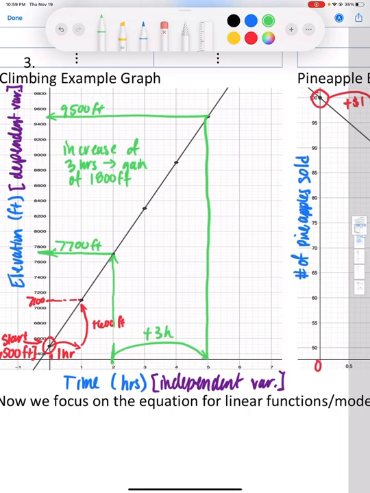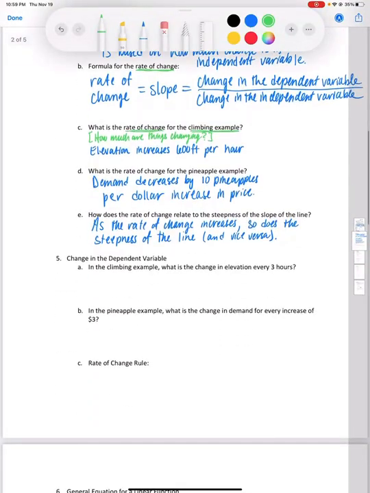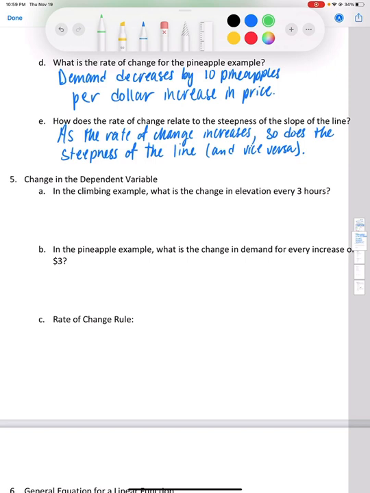Let's go ahead and see what would happen as we put an equation to it, just to use some mathematics, in case things are too tedious for our graph. So the change in the dependent variable is our change in elevation for 5a.